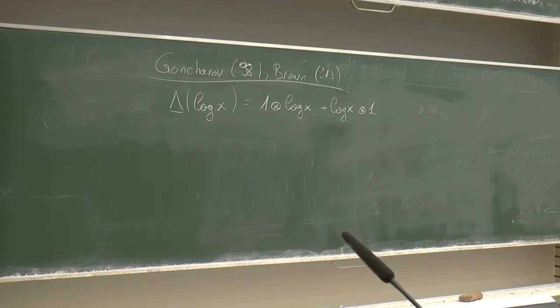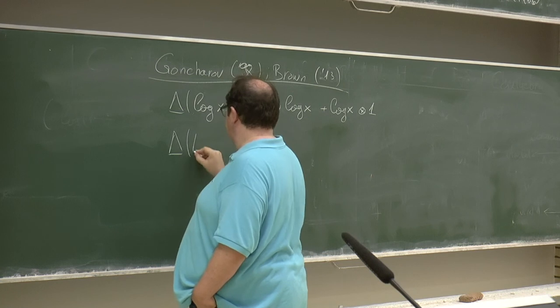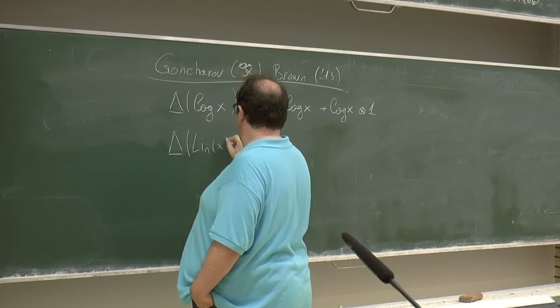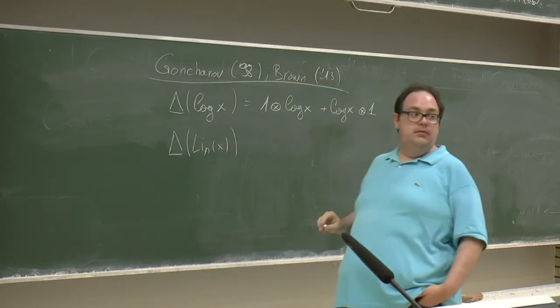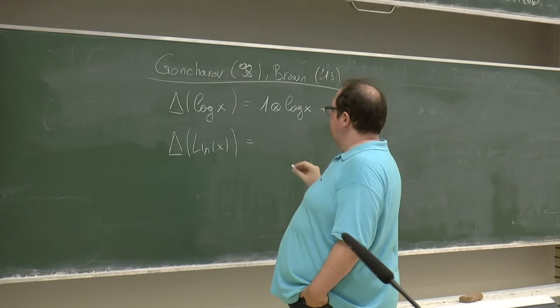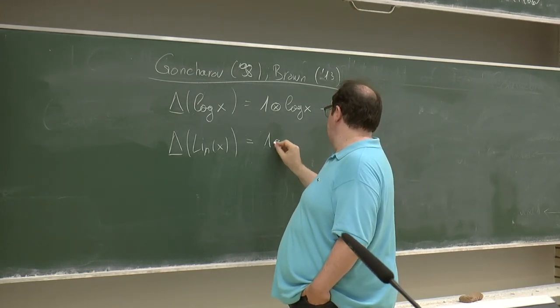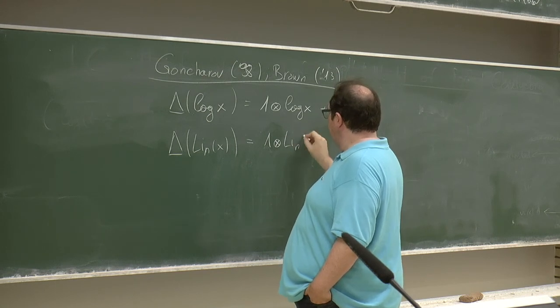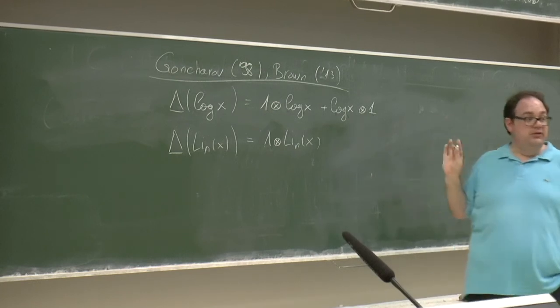Then, what about, for example, Li_n? Li_n is as follows. There are always these two terms, 1 tensor the function plus the function tensor 1. They're always there.